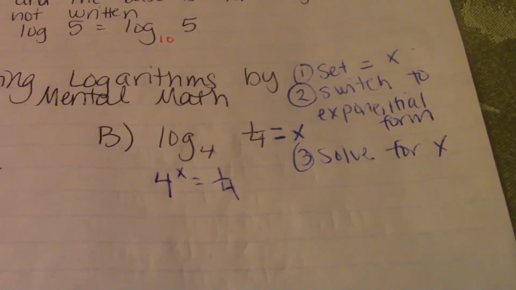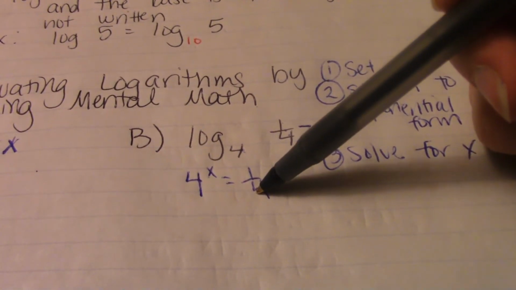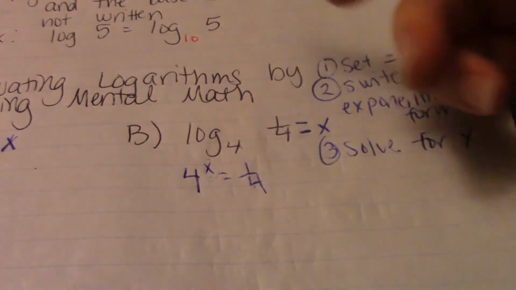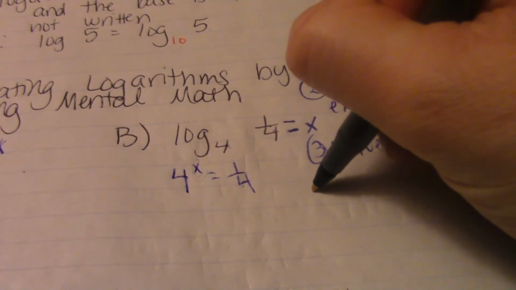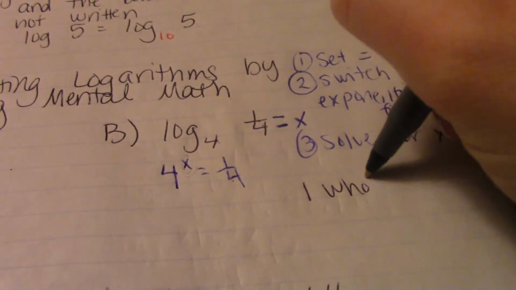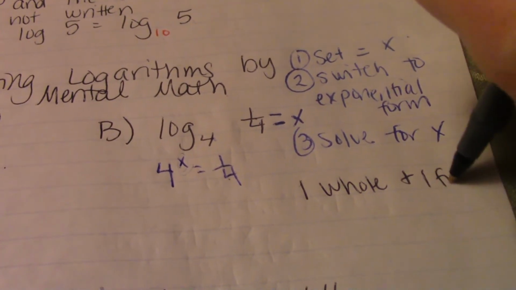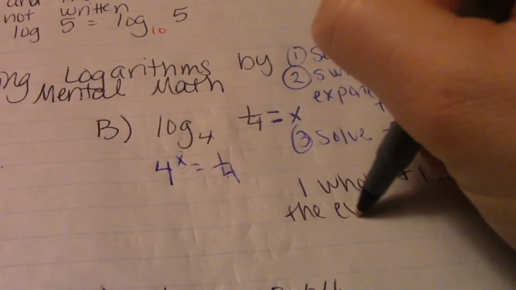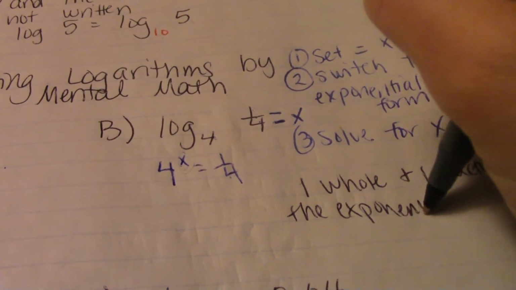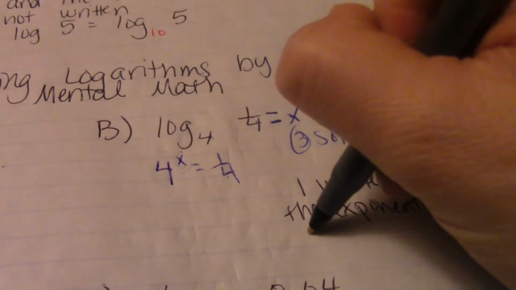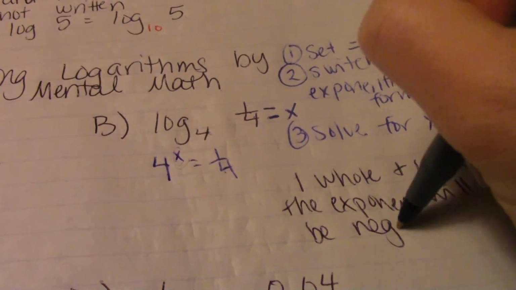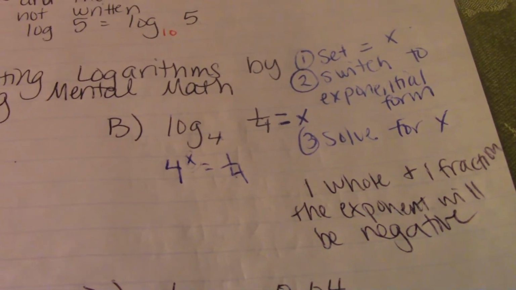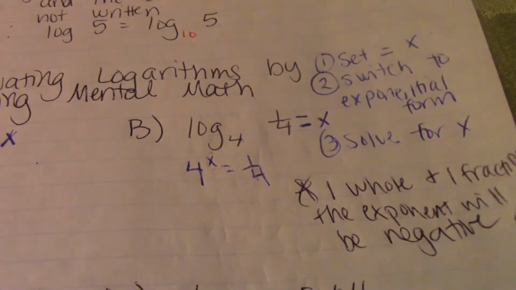Anytime you have one number that's a whole number and one that's a fraction, this will be negative. So if you have one whole number and one fraction, the exponent will be negative. So here's your little helpful hint.